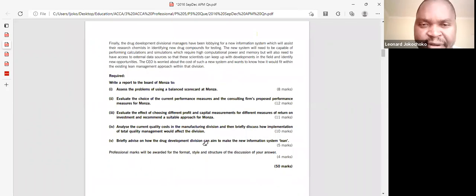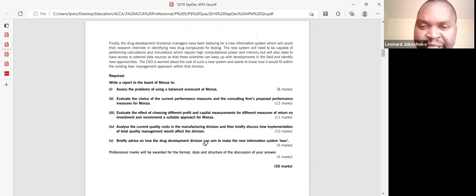Finally, the drug development divisional managers have been lobbying for a new information system which will assist their research chemists in identifying new drug compounds for testing. The new system will need to be capable of performing calculations and simulations, which will require high computational power and memory, but will also need to have access to external data sources so that these scientists can keep up with the development in the field and identify opportunities.